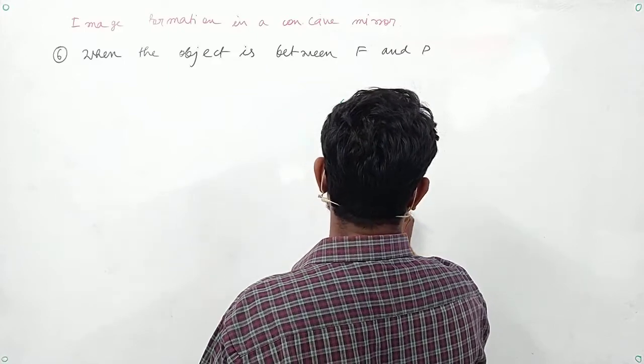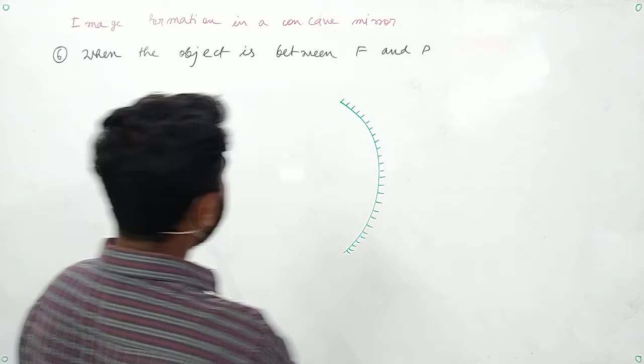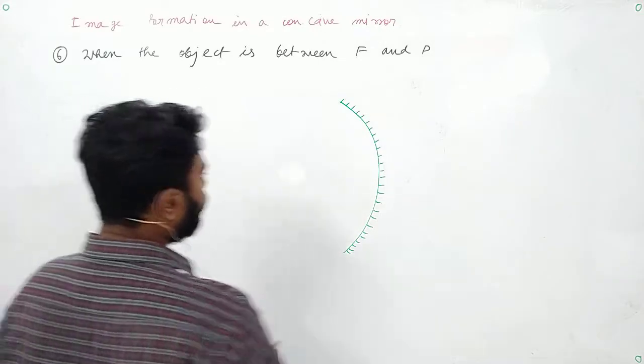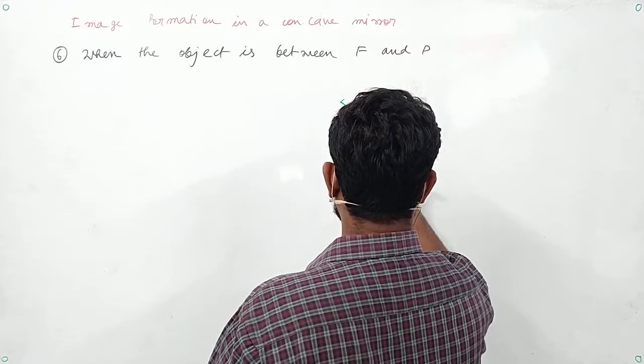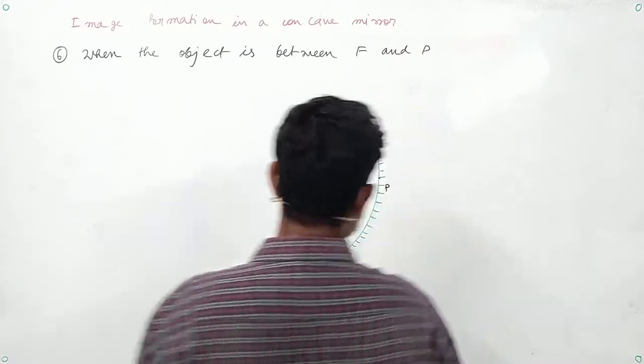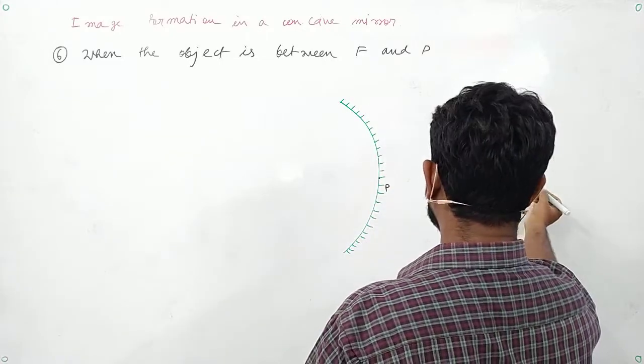So we will first draw the concave mirror. Okay. When the object is between F and P, this is P. So what will we do?